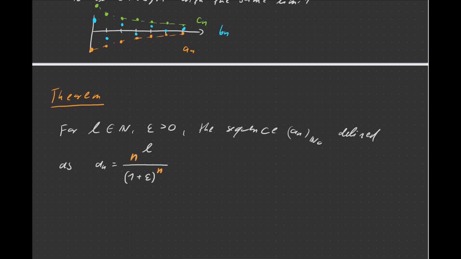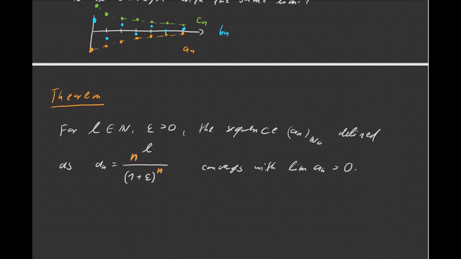Then what this theorem says is, of course, both the numerator and the denominator go to infinity, but the denominator is much faster. Basically what that means is that the limit of an will be 0. So the sequence an converges with limit of an equals 0.